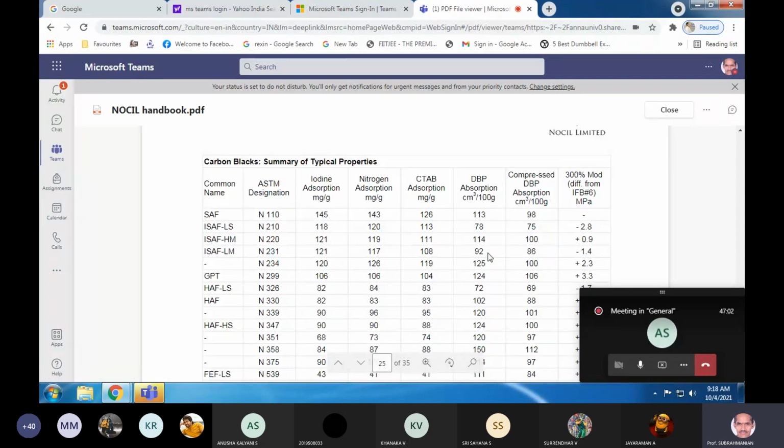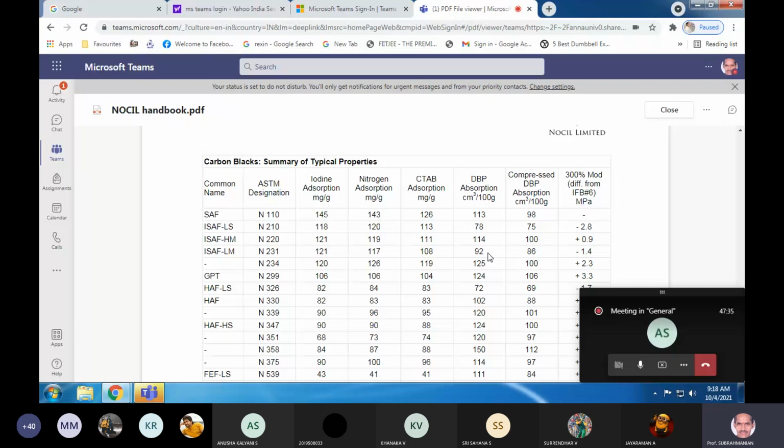So what is compressed DBP? That is the structure remaining in the rubber product after mixing, after you have made the product. The DBP is a regular test on the filler.